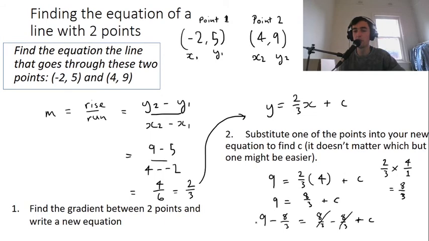So now we've got, and I'm running out of room for this. I'm going to rub this out. Now we've got 9 minus 8 over 3 equals c.